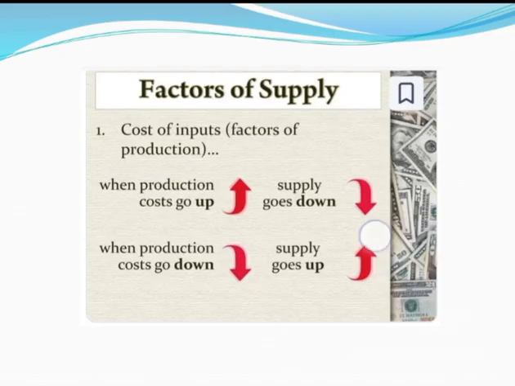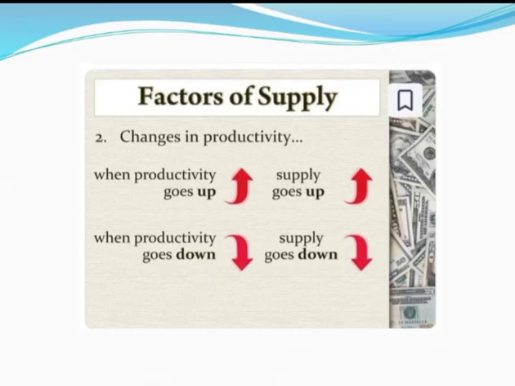So next one, changes in productivity. When productivity goes up, supply goes up, and when productivity goes down, supply goes down. It means in a particular time, the quantity of a product rises by using modern technology or by doing research and development. So the firm gets more productivity, right?